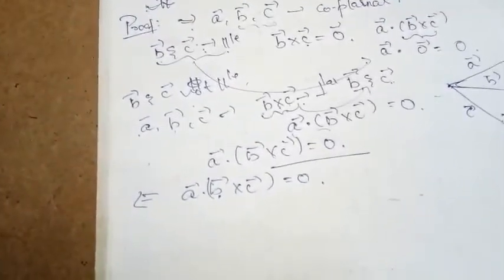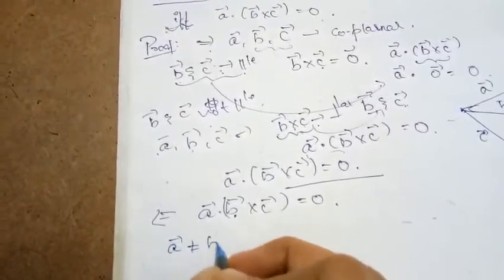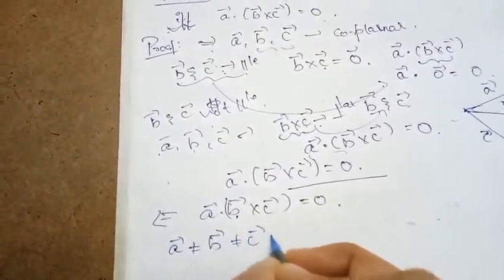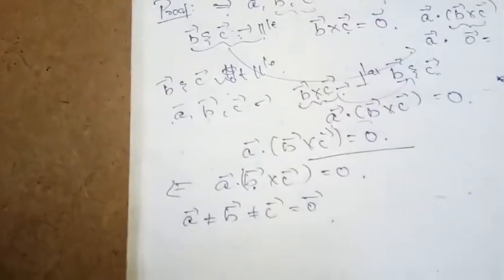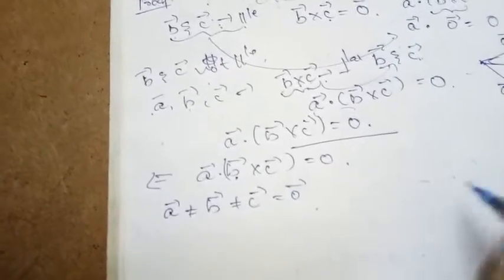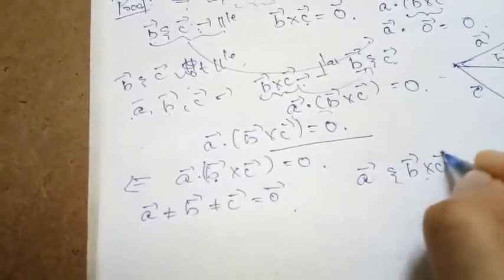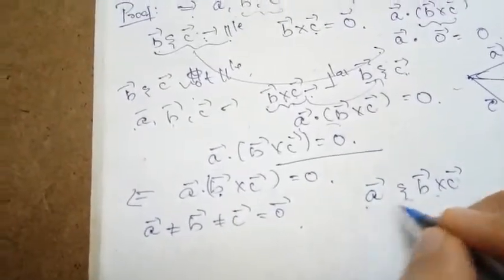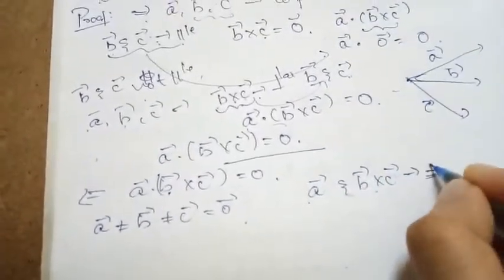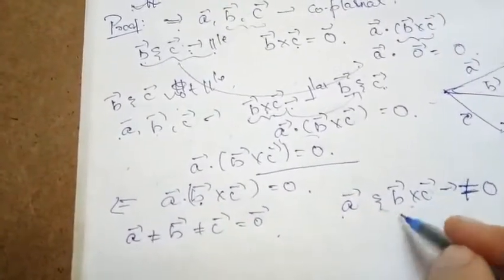Then what happens? First condition, I will consider all the three vectors are not equal to 0 vector. Suppose all of them are non-zero vectors, then the first thing, vector A and vector B cross C, if these are non-zero, then obviously this one also becomes not equal to 0.